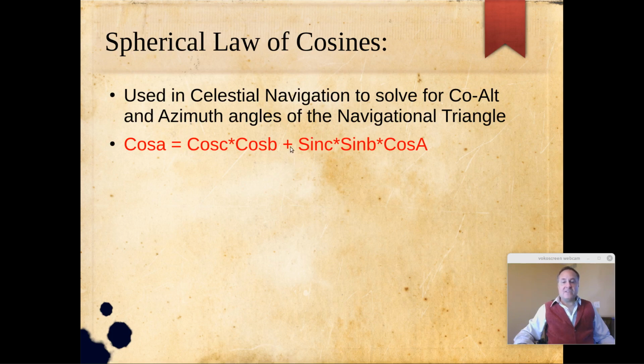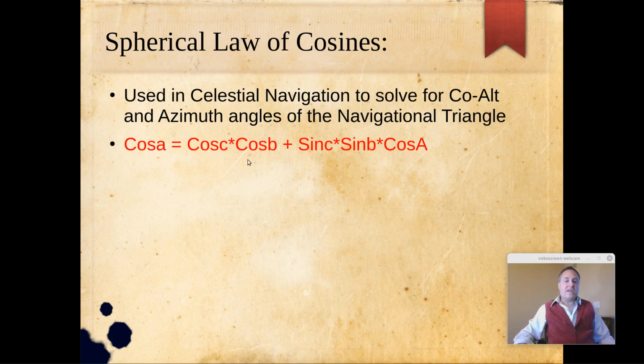And we're going to add to it the product of the sines of those same adjacent sides times the cosine of the enclosed angle A. This angle is the local hour angle. Notice that the local hour angle, big A, is opposite the same named side, little a, and that's true in geometry in general. The sides are named as the small variable of the opposite angle.